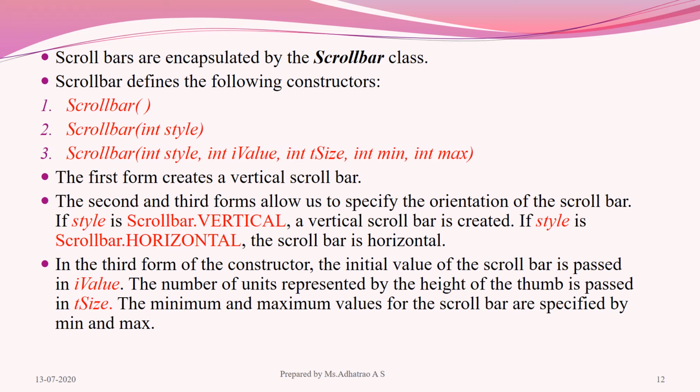According to the third form, the initial value of the scroll bar is passed in iValue, and the number of units represented by the height of the thumb is passed by tSize. The minimum and maximum values for the scroll bar are specified by min and max.